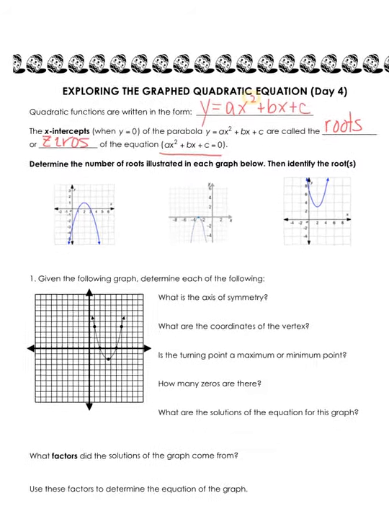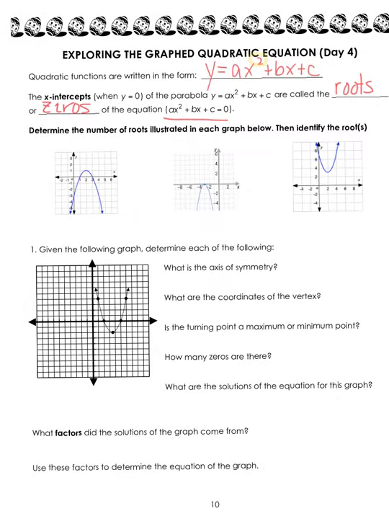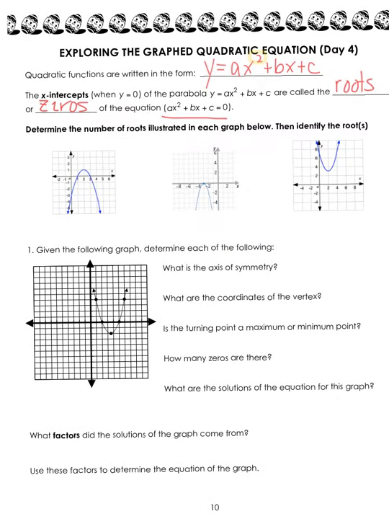So determine the number of roots illustrated in each of the pictures below. Well, if the roots and the zeros are the x-intercepts, as stated here, then we look at the picture and determine where it touches the x-axis.